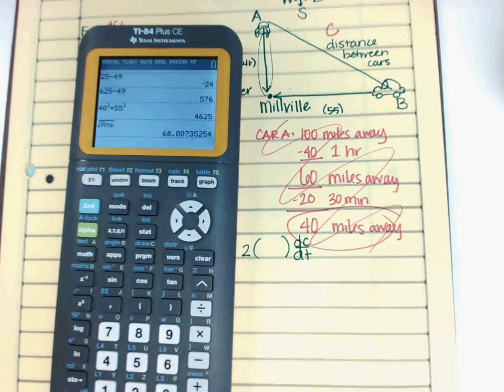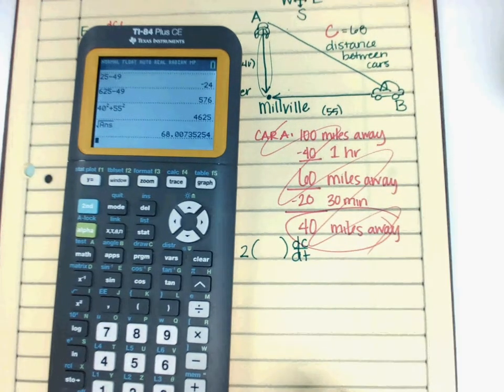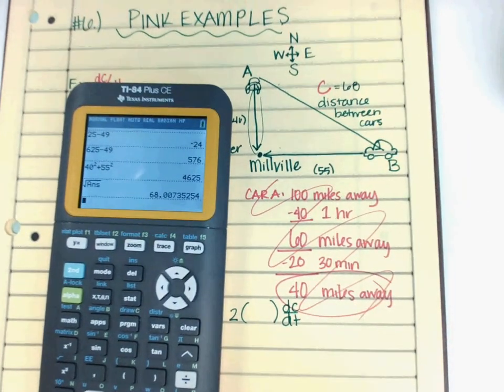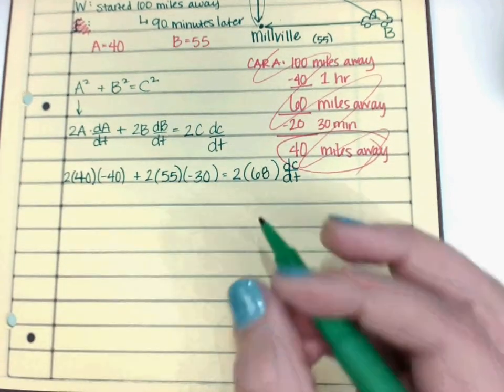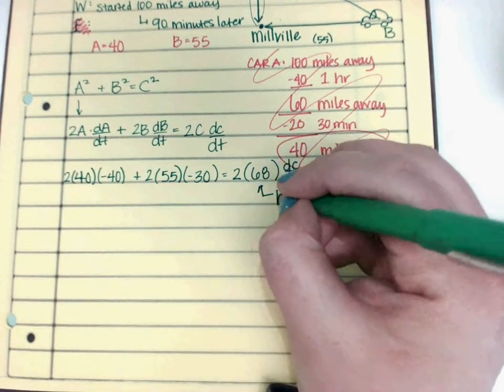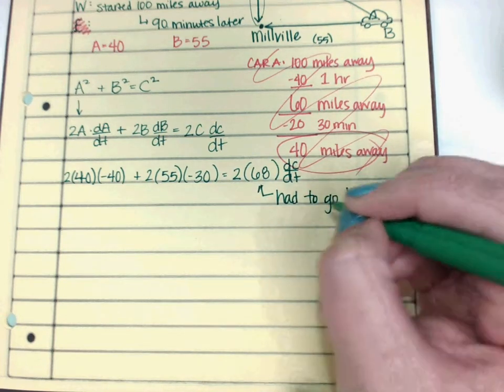So I get 68. I'm just going to round it to a whole number to keep count. It's 68.007, so we'll just call it 68. Plug in a 68 right here, and I'll put a little arrow: had to go back and find.